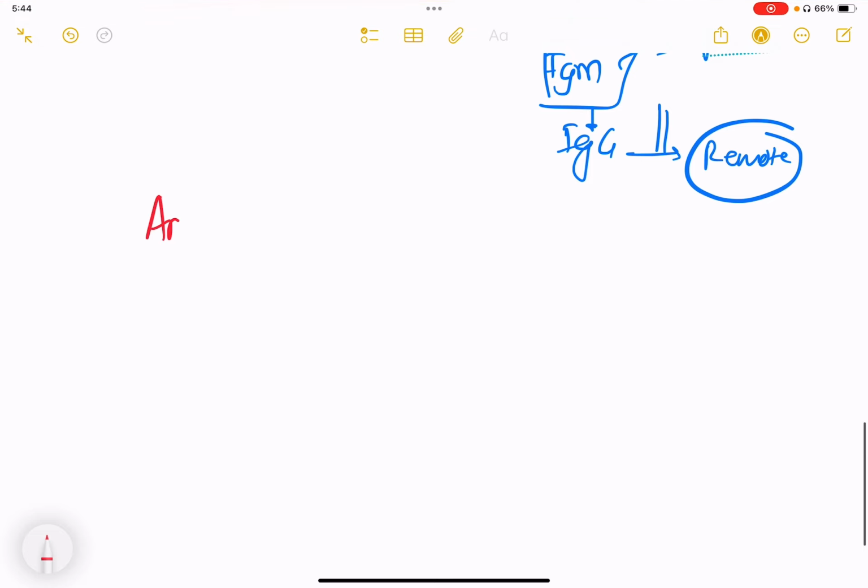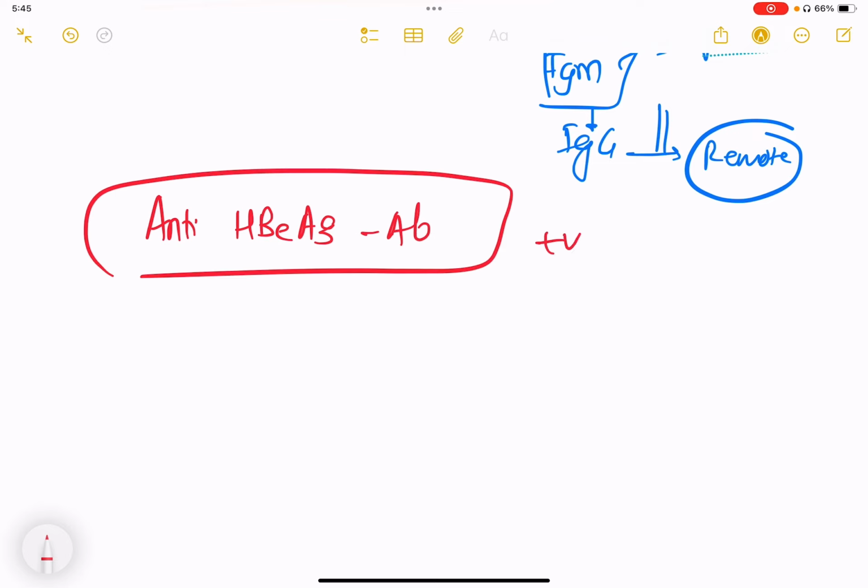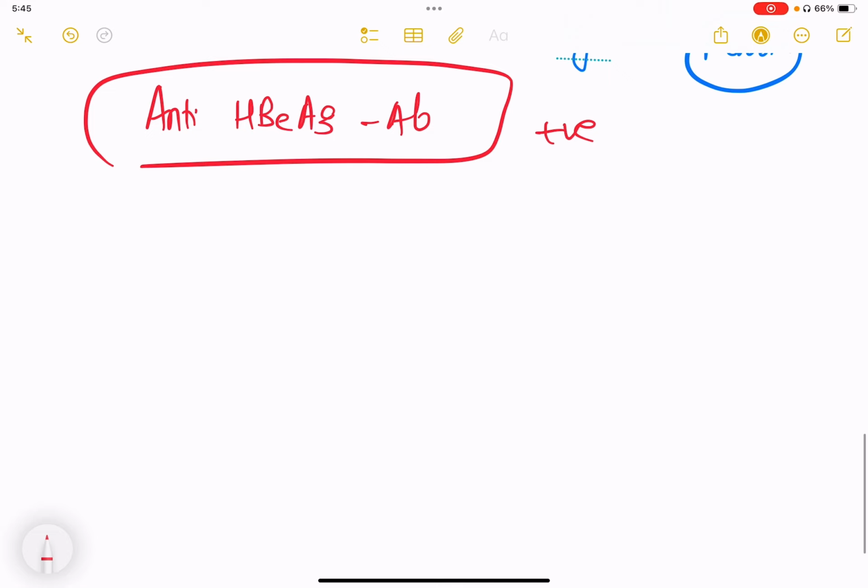The third antibody is anti-hepatitis B E antigen antibody. If it is positive, it implies that there is low infectivity of the infection. It means there is lower inflammation of the liver.